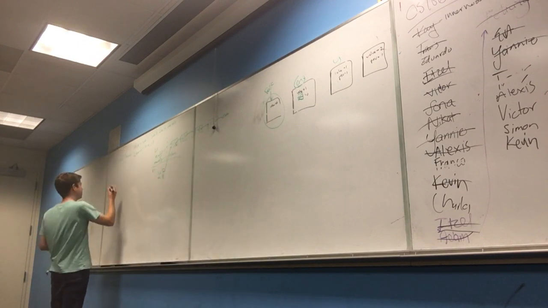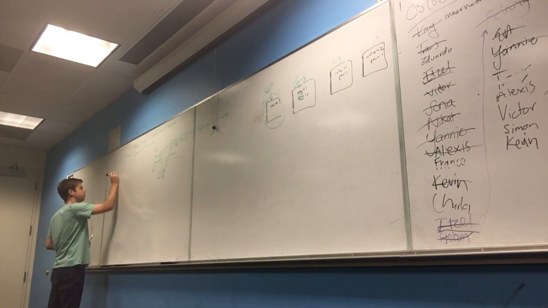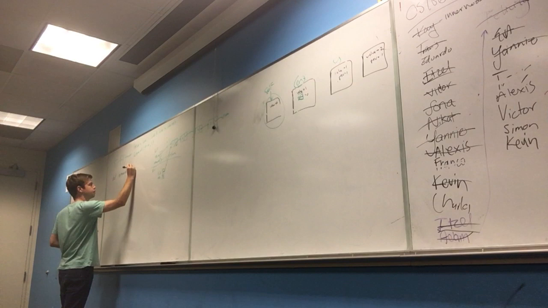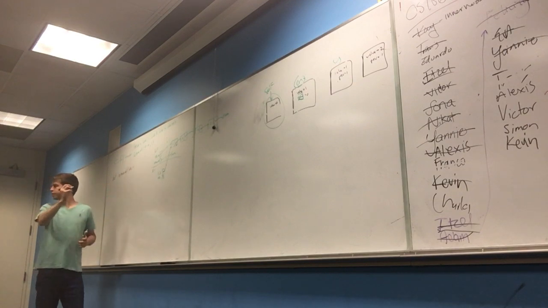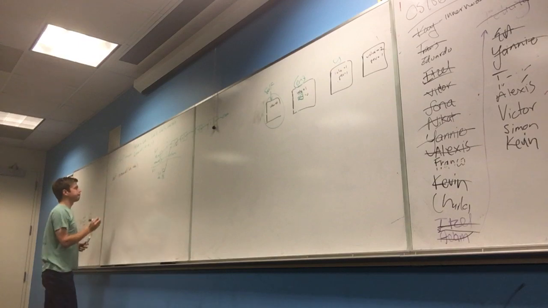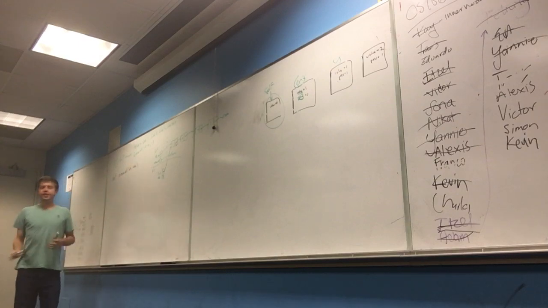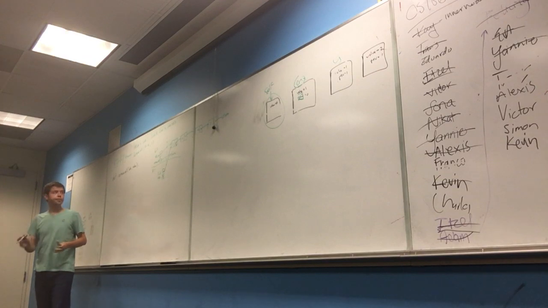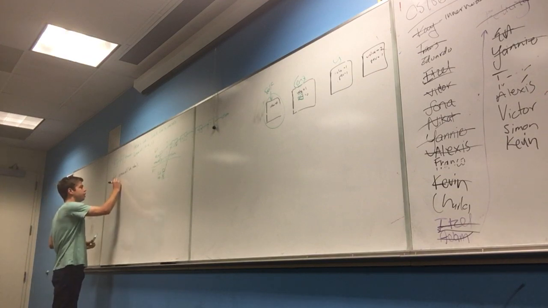So we have our function. What is it called? Is it called value? Yeah. Okay, cool. So this is definitely going to be recursive. It's a recursive object, so we're definitely going to use recursion. Let's think about our base case.